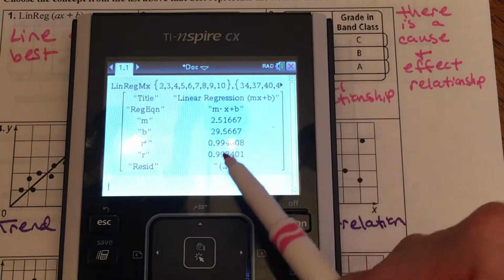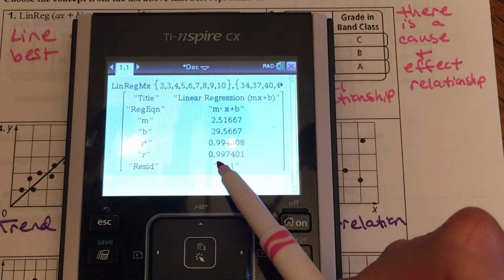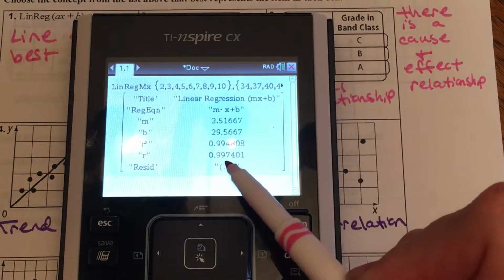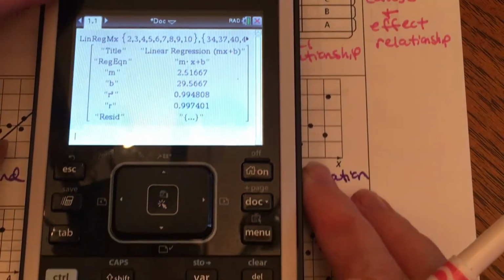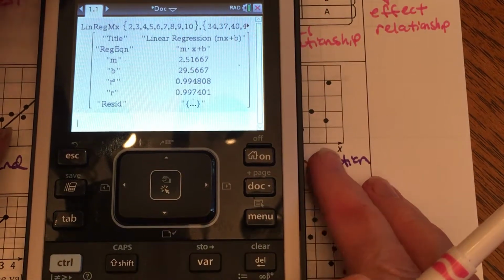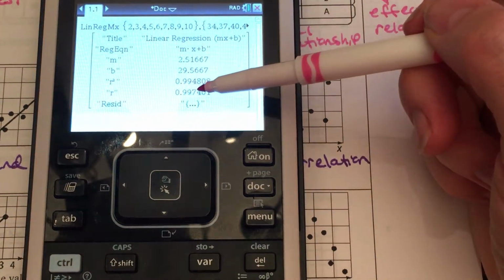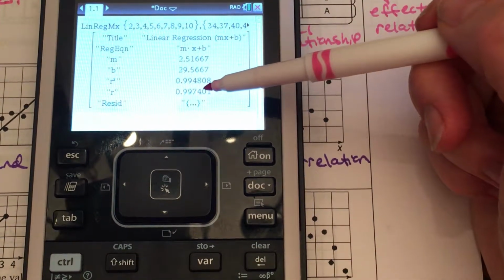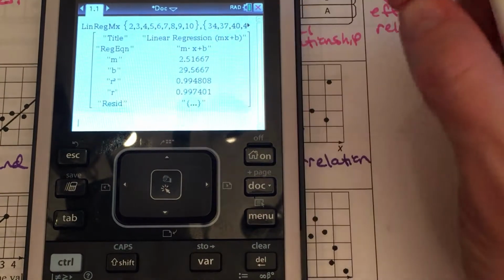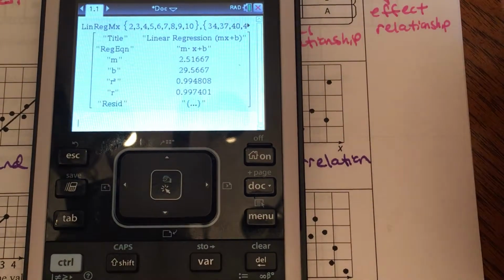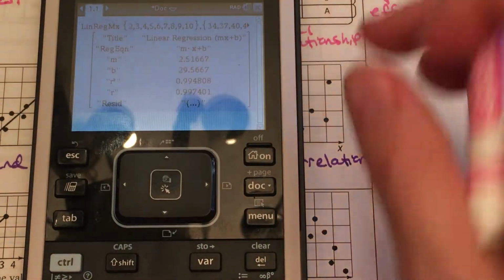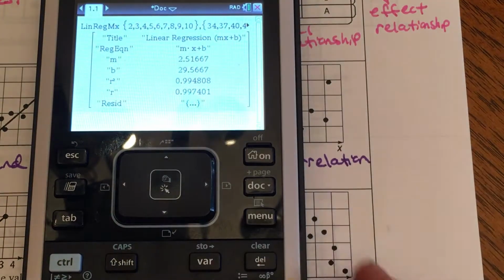In this example, our R is 0.997. I don't know if you can see that in the glare, and I didn't want to blow it up yet. So 0.997, and that means these points are very, very close to being in a perfect, beautiful straight line. Not exact, but very close.